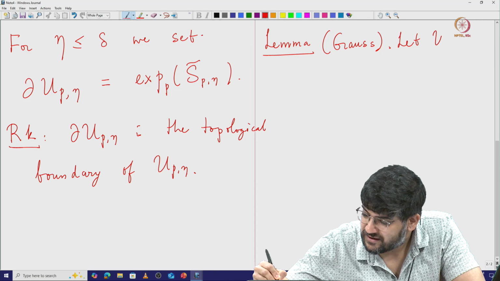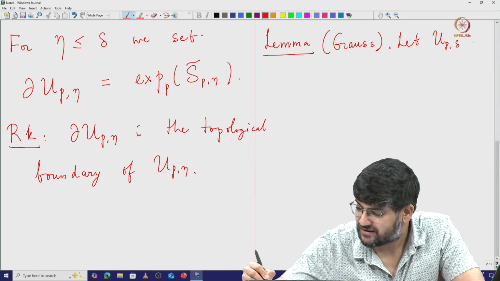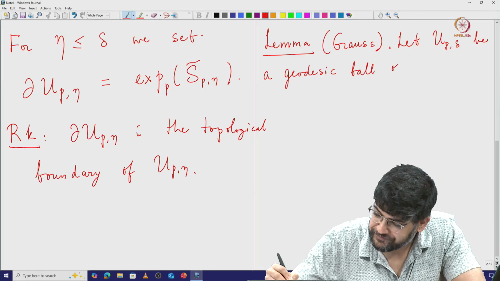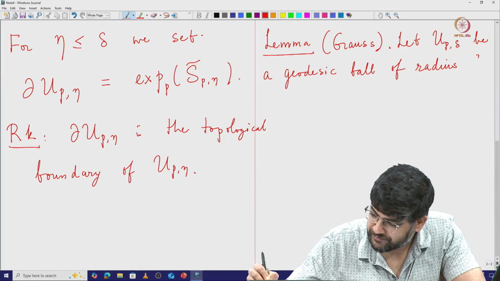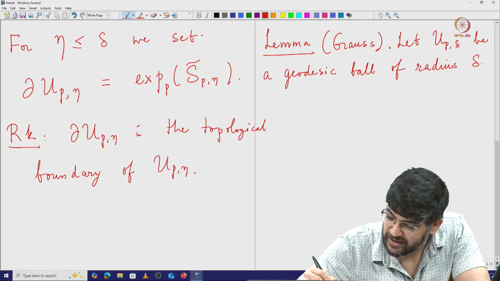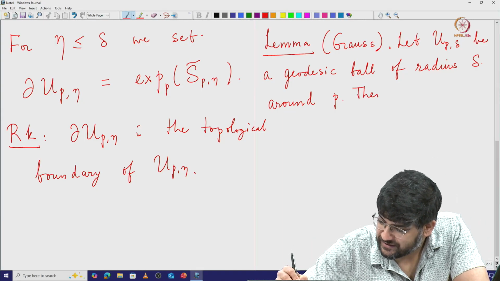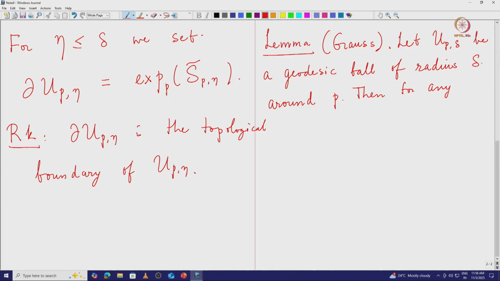So let U_P delta be a geodesic ball of radius delta around P. Then for any eta less than or equal to delta, the radial vector field that I defined in the previous lecture is going to be orthogonal to the boundary of this geodesic ball.